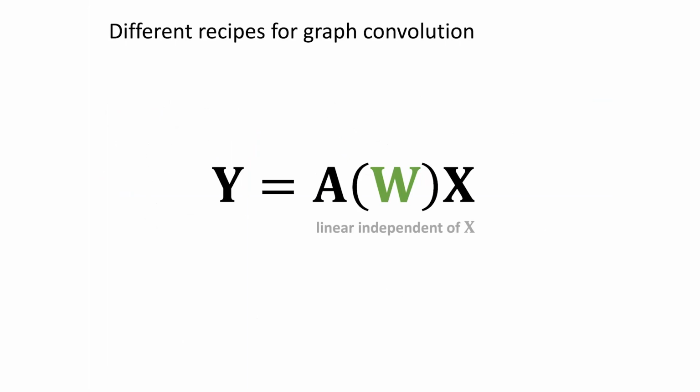So far, we've been discussing convolution-like operations that are linear. We can think of it as a matrix that is parameterized by a certain number of parameters, like a linear combination of powers of the Laplacian or adjacency matrix that multiplies the node-wise features matrix. So this matrix itself is linear.